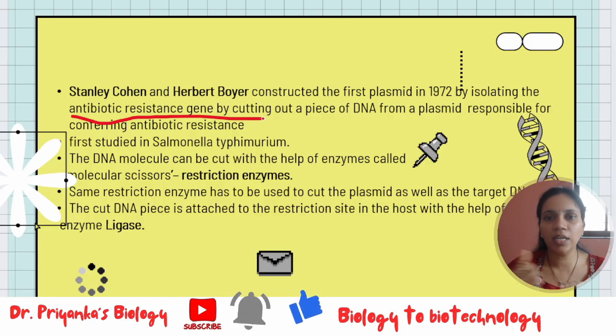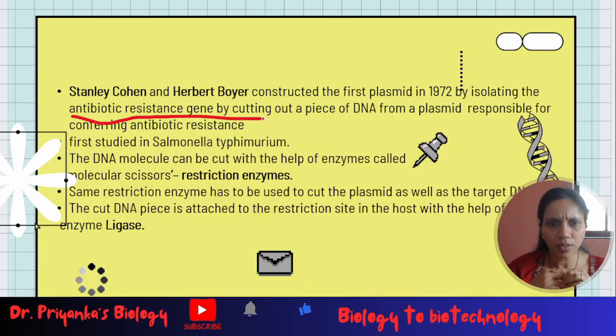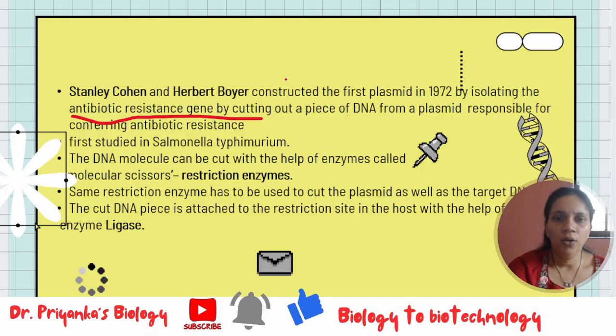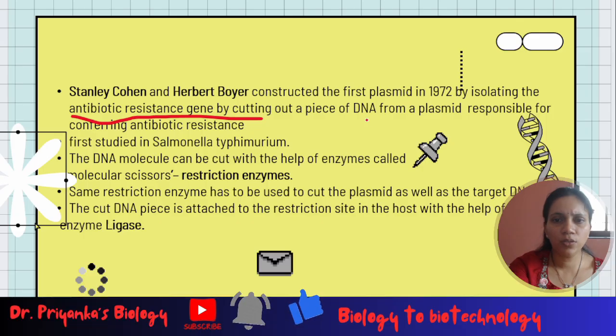They isolated that gene from some bacterium, cut it, and took the piece of that antibiotic resistance gene. They saw that this new piece of DNA was able to confer the antibiotic resistance.